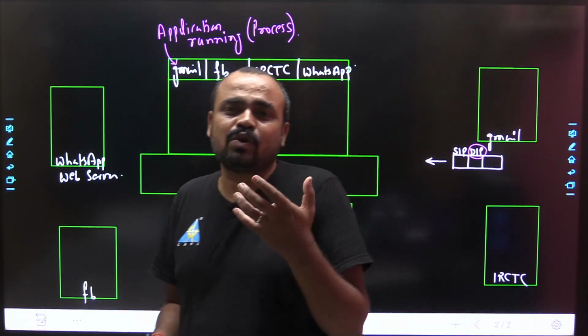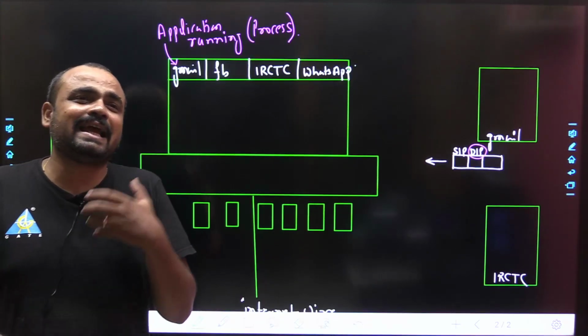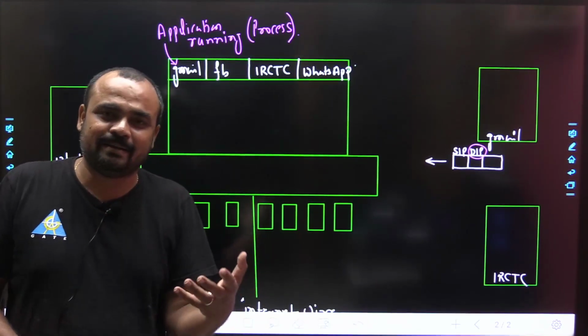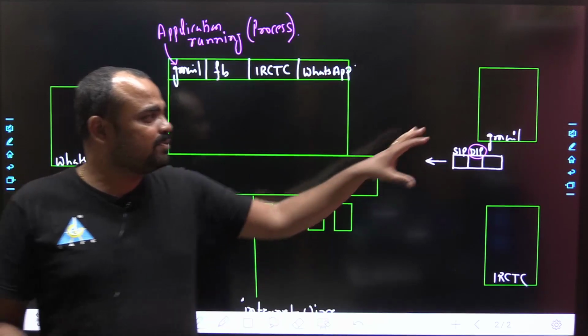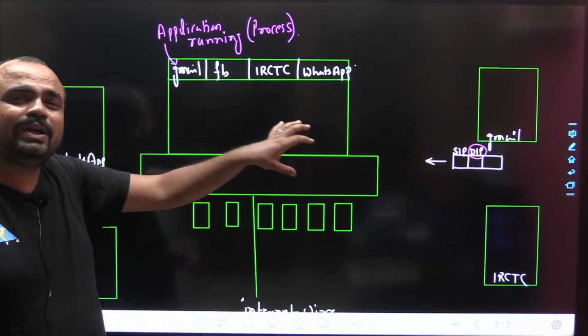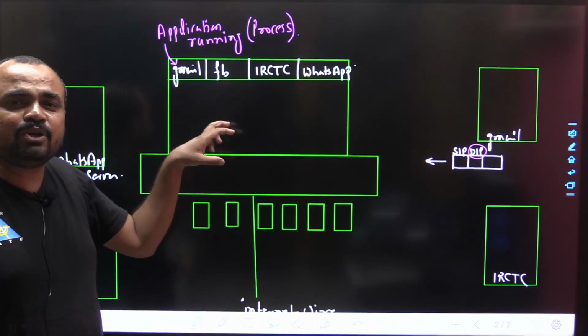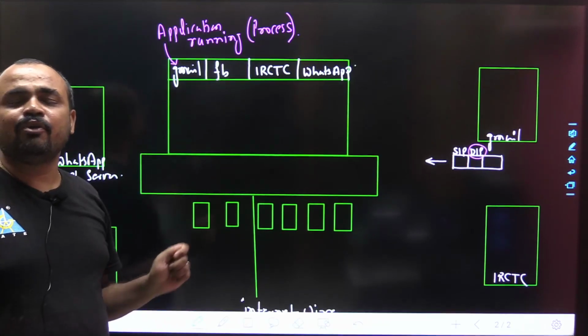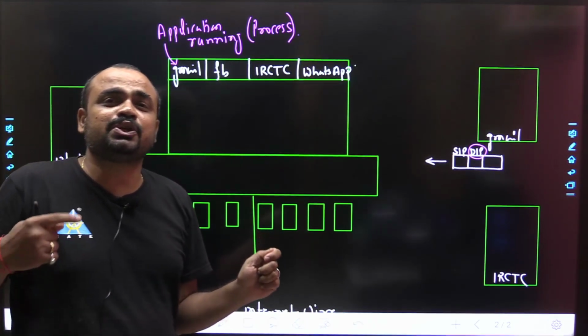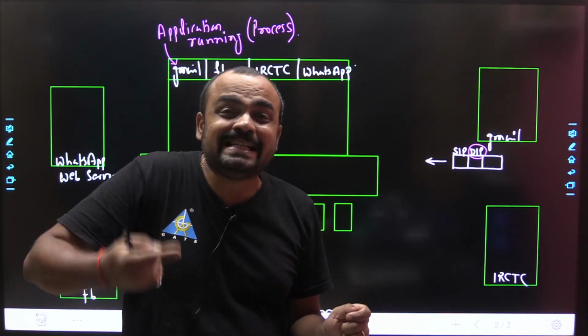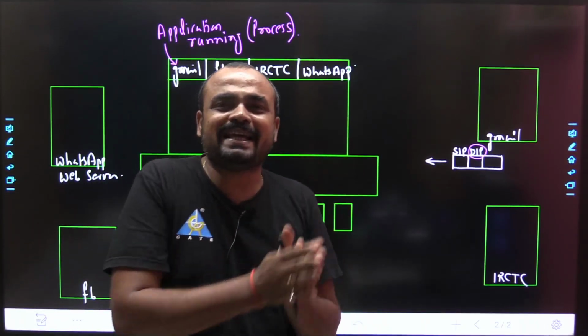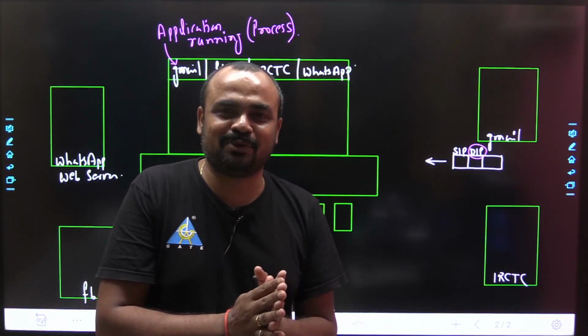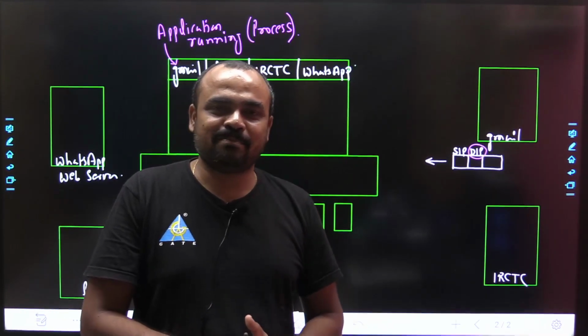Suppose you are watching images, a text file, or anything. From the web server the scripting code is coming, and that scripting code will execute inside your web browser, and once it is executed you will be able to see the information displayed inside the browser.